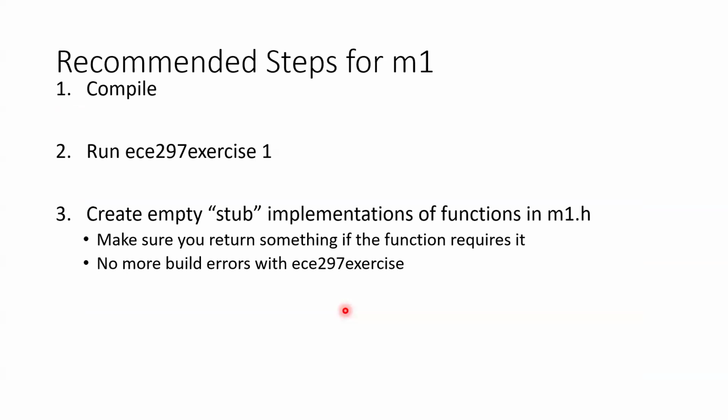So to get around the build errors, you'll need to create empty stub implementations of all functions in m1.h. If the function returns something, return something empty. So if the function needs to return a vector, return an empty vector. Just so that you have placeholders for all of the functions that you need to implement in m1.h.